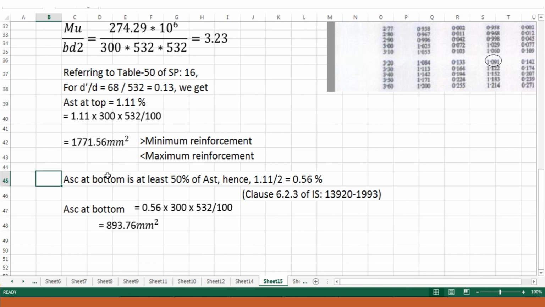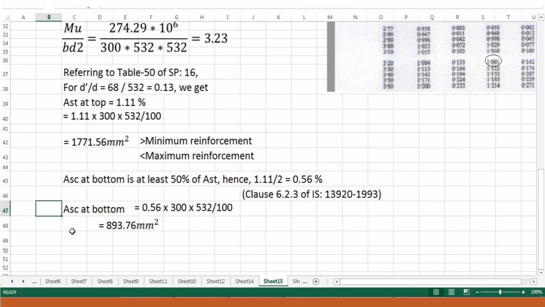Now Asc at the bottom is at least 50% of Ast, hence we are simply providing 1.11 divided by 2, it's 0.56% as per clause 6.2.3. This is the condition, 50% of Ast for Asc.